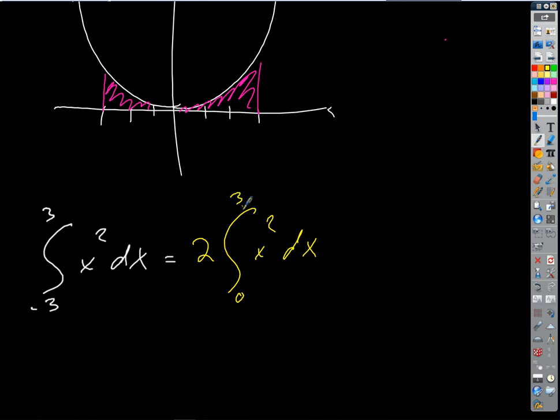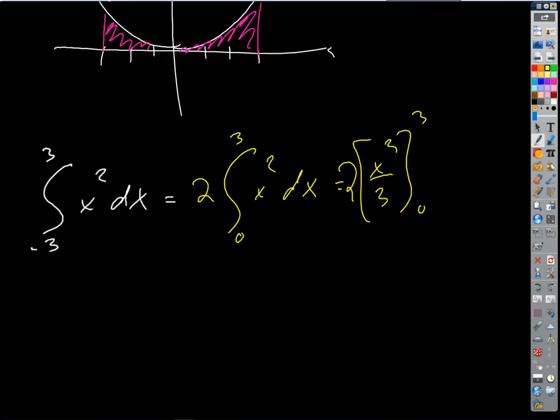Why is that such a better problem? It's half the work. Okay, but I still have an upper limit and a lower limit. First one just goes to 0. Yeah, right, it's easy to evaluate stuff at 0, right? So that's going to give us 3 cubed over 3 minus 0 cubed over 3, which is, see what I'm saying? I've just got 2 times that, right?